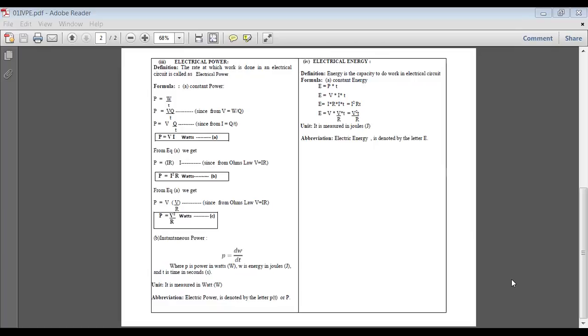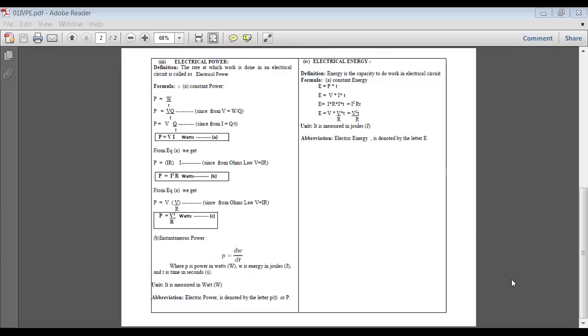P is equal to V into Q by T, where Q by T is nothing but the current. So finally we get P is equal to VI watts. It is equation 1.